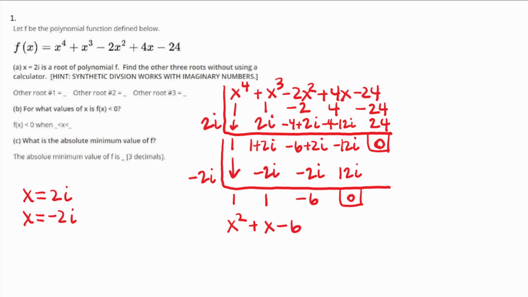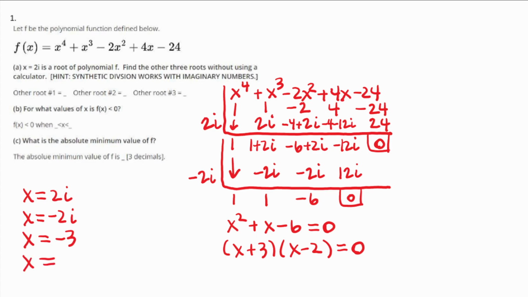And if we want all the roots of f, we're going to need to figure out where this thing equals 0. We're going to factor, because positive 3 and negative 2 are two numbers that multiply to negative 6 and add to positive 1. So that's going to be happening anytime that x is equal to negative 3 or when x is equal to positive 2.